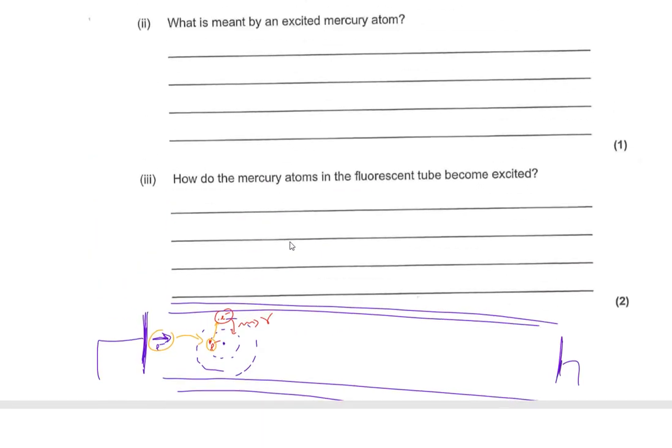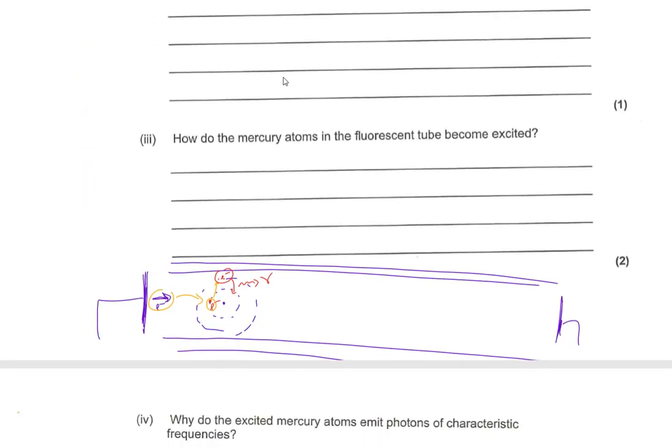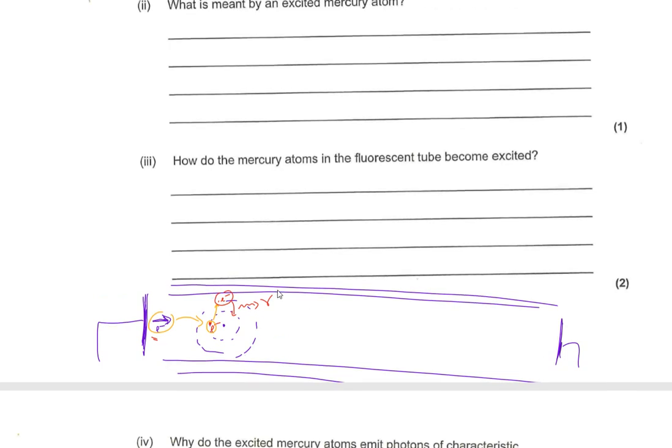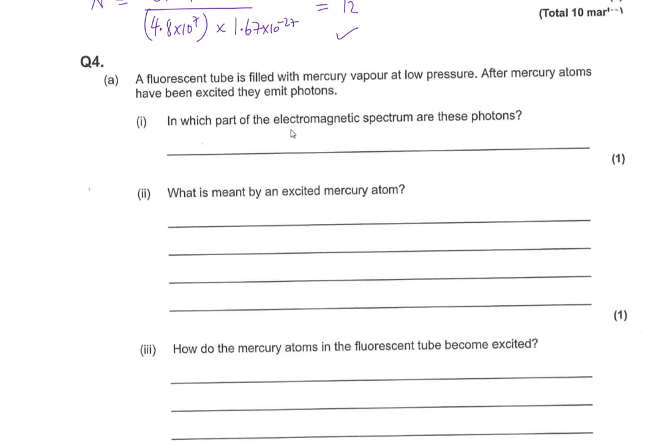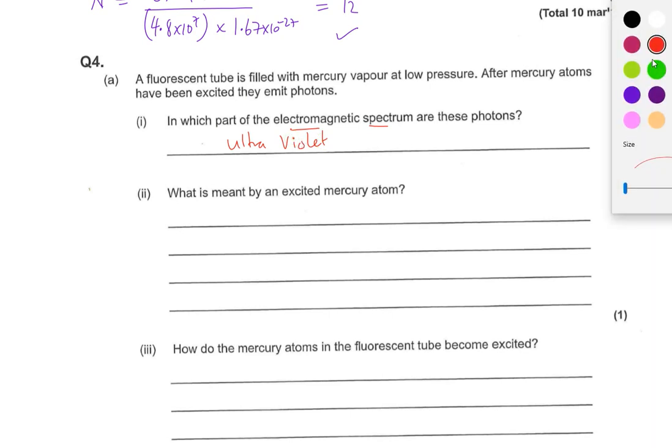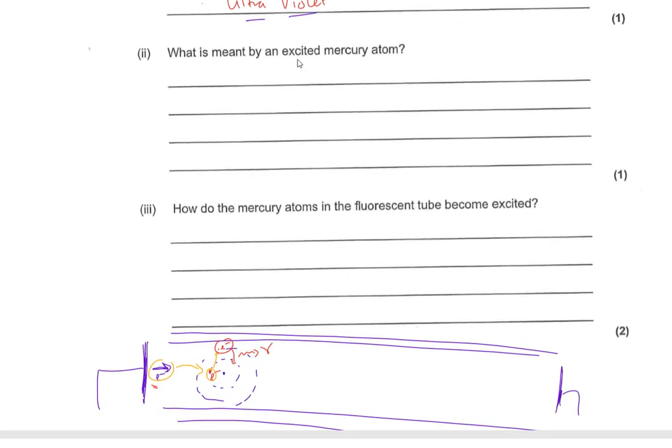Now, since these are mercury atoms, and the electrons here have high voltage, therefore high energy, the photons being emitted will be high energy photons. So therefore the light that is emitted would be ultraviolet. Now, what is meant when it is excited?